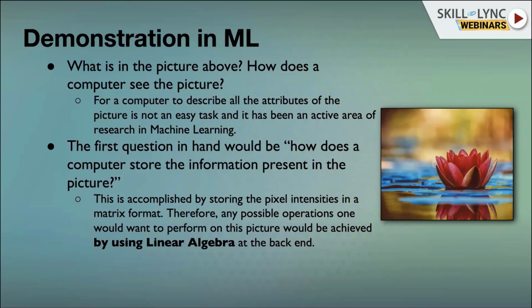If you are asked what is in the picture above, you can simply answer that it is a picture of a flower. And then again, if you're asked what colors can you see in the picture, you can simply say that I can see red, blue, yellow, and so on.